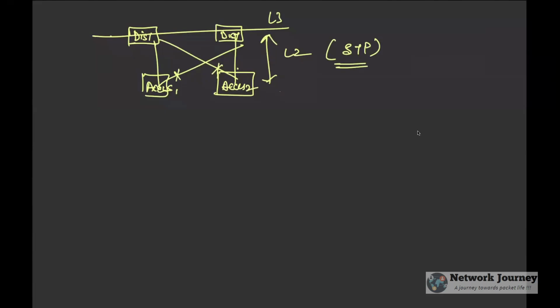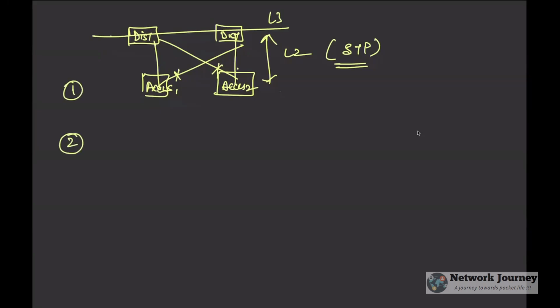These links you are providing for redundancy, right? You brought them, but again, due to STP they are blocked, because if they are not blocked by STP, then this is going to be a loop, which can happen. So STP is going to block it to avoid loops. So this is one issue.